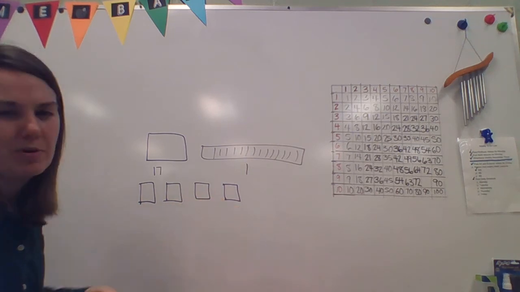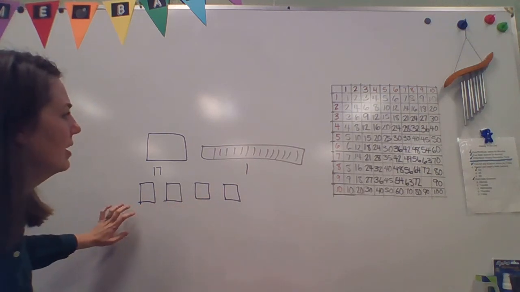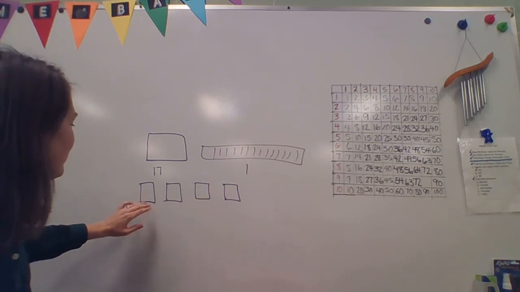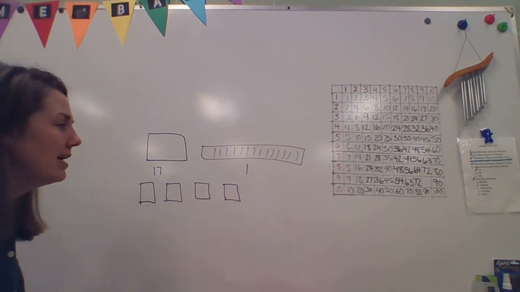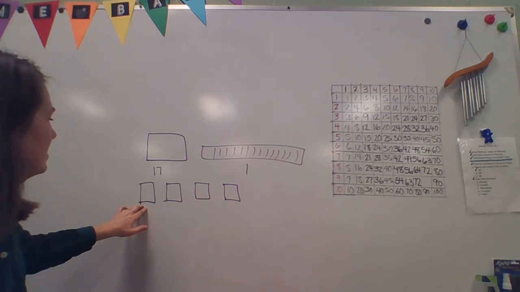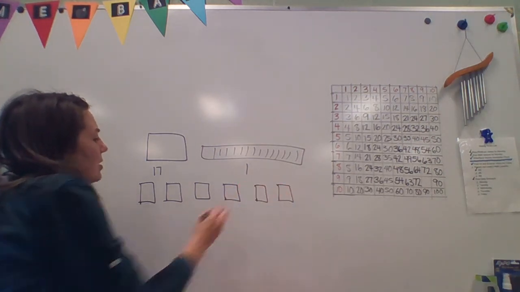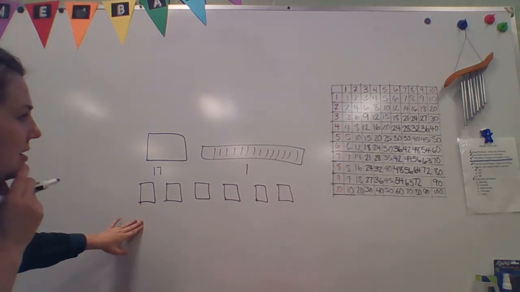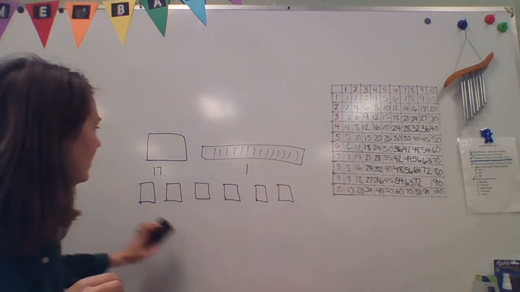I would need one more bin, and that wouldn't work, so I couldn't put 4. Let's try 5: 5, 10, 15, 20. Nope, that won't work either. Okay, 6 bins. I could put 12, 18, 20. Oh, no, I'm already too high.